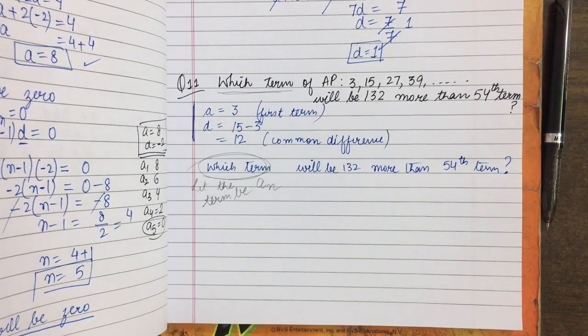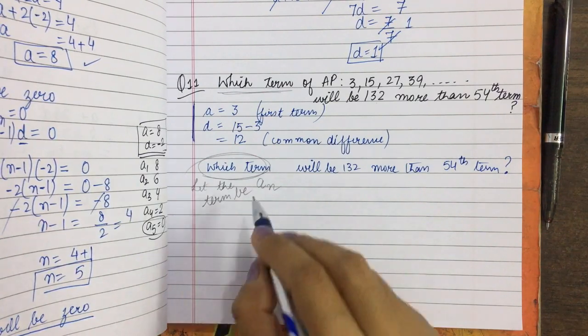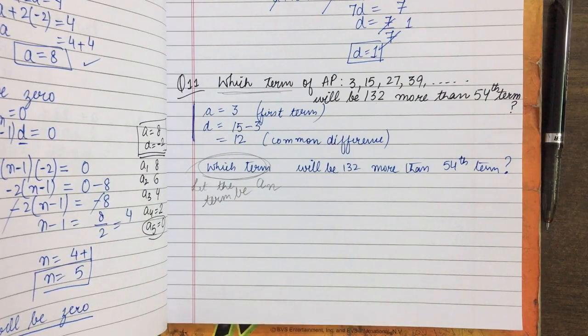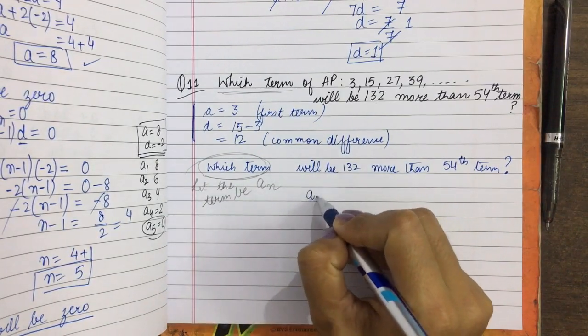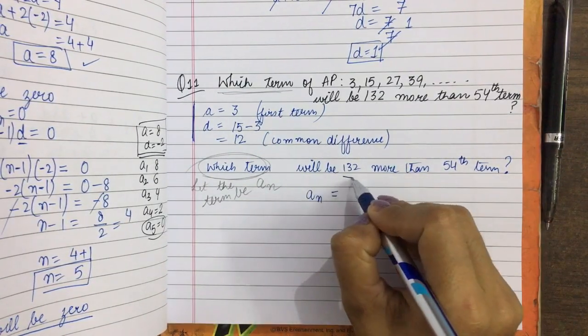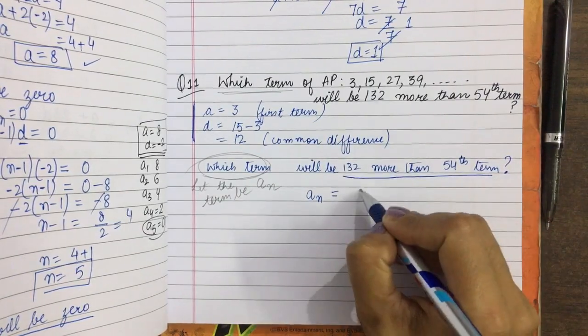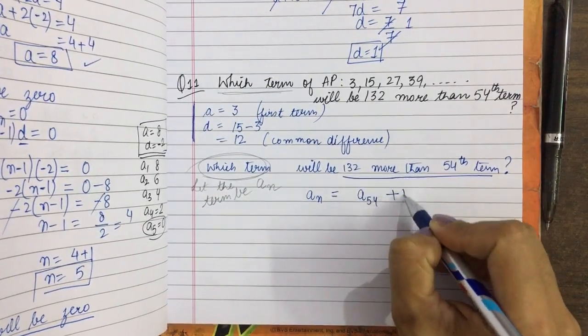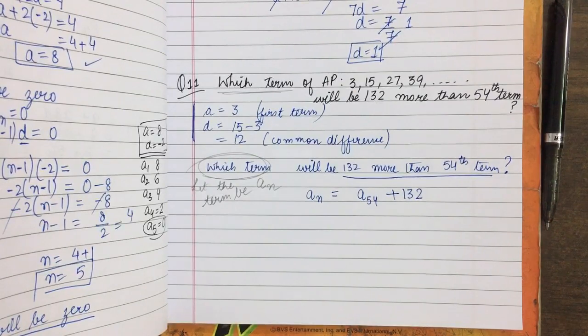So we are just assuming that there will be a term in the AP, say AN. We don't know the term, we don't know its position, so just a general representation, AN. So AN will be 132 more than the 54th term. This will mean that AN equals the 54th term plus 132.